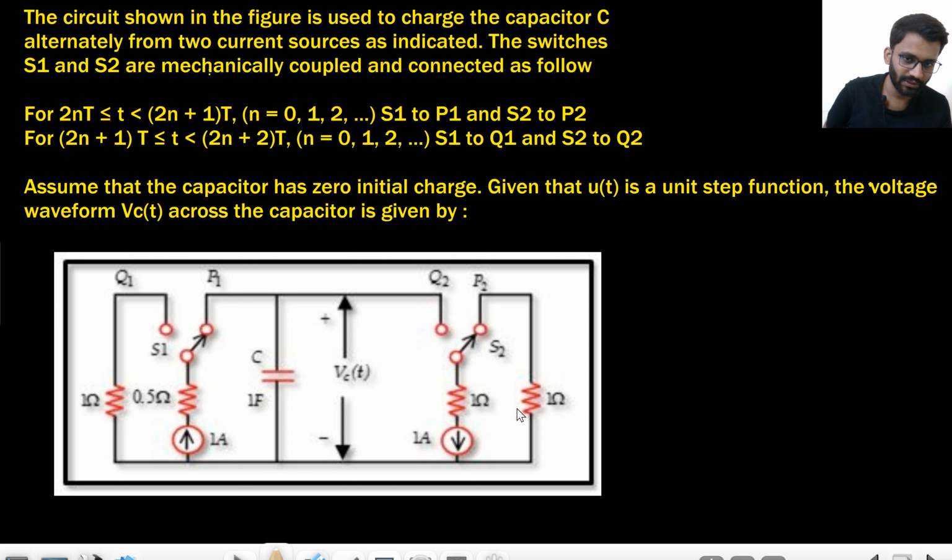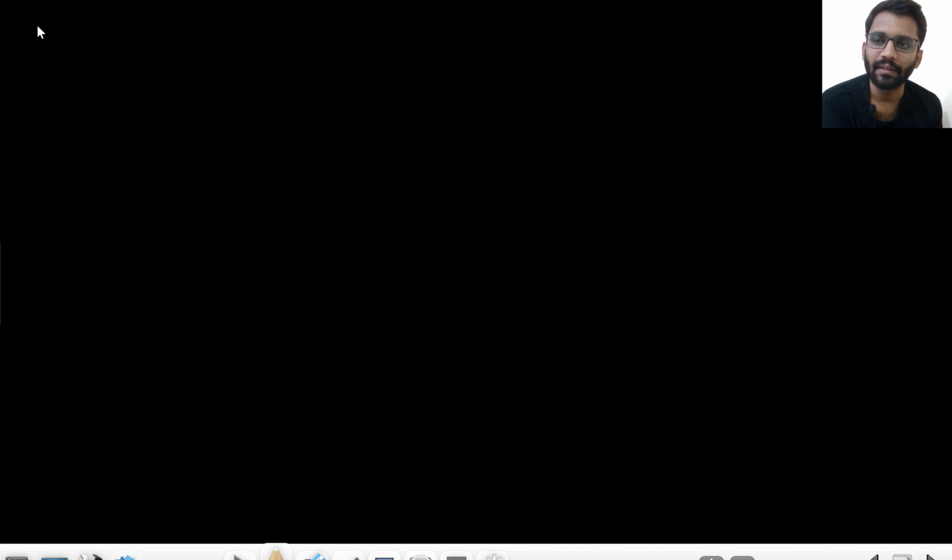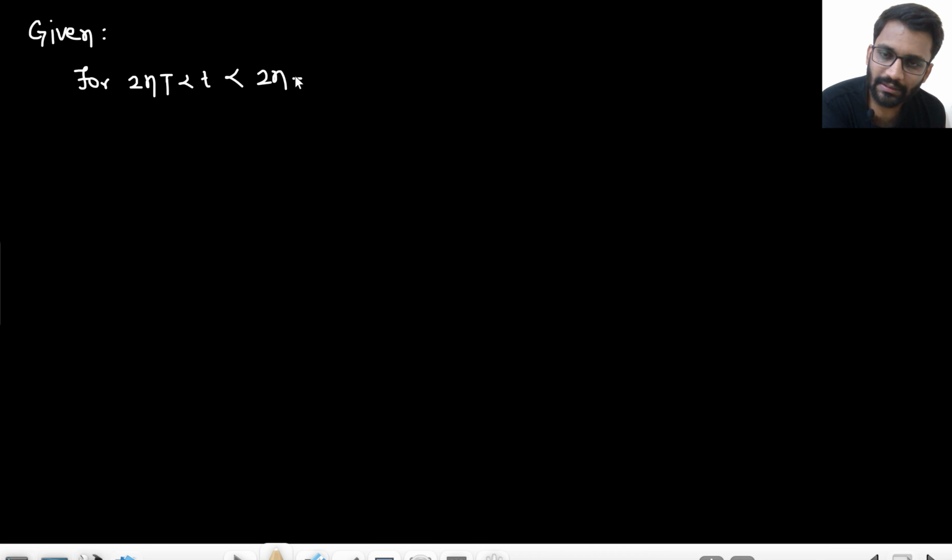That means this switch is connected here and this switch is connected here. Then you have to draw the Vc(t) waveform. So I will just take the condition given for 2nT to (2n+1)T.